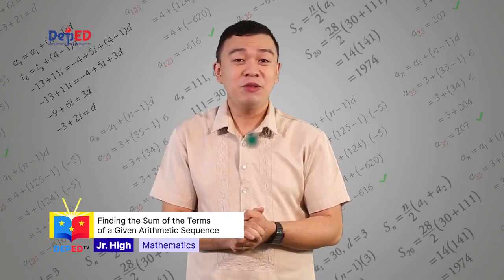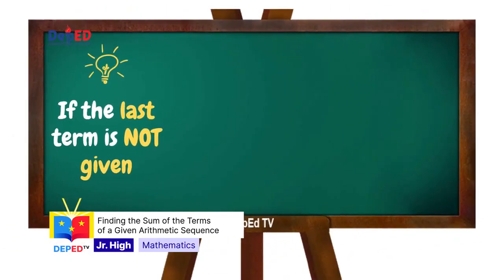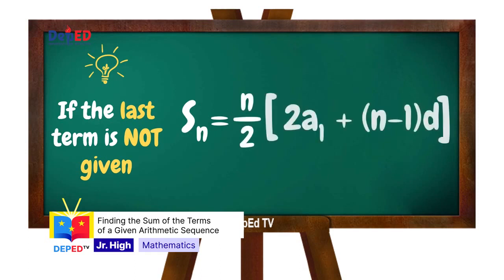On the other hand, if the last term is not given, we will use the formula S sub n is equal to n divided by 2 times the quantity 2 times a sub 1 plus n minus 1 times d.